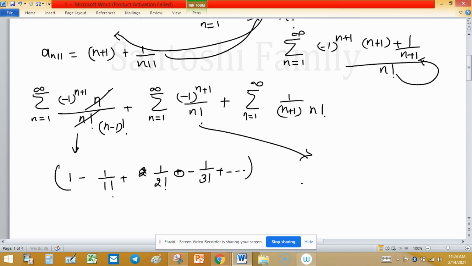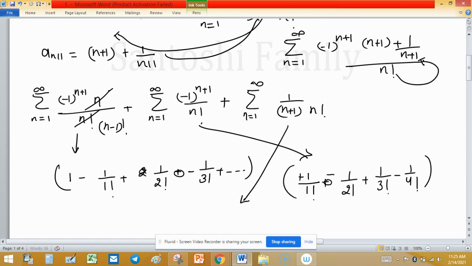Now for the second one: minus 1 upon 1 factorial, plus 1 upon 2 factorial, first term will be negative and second term positive, minus 1 upon 3 factorial, plus 1 upon 4 factorial.